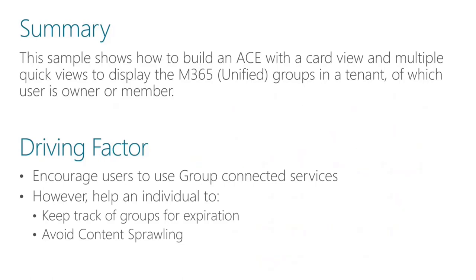Content sprawl means a situation wherein an excessive number of abandoned or rarely used pieces of content, in the form of Microsoft SharePoint sites or Microsoft Teams, exist within the organization, and then it will surpass your original content. Even that kind of test content will start appearing in your search results. So, for example, if you have a consolidated view, something like this ACE solution, it gives individuals visibility into where they are contributing, such as the excessive content, to avoid content sprawl.